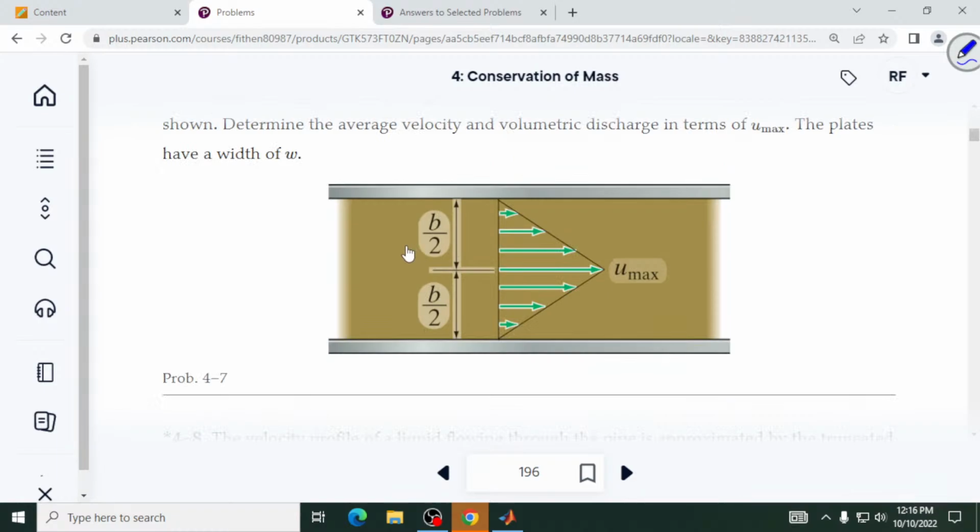So essentially, the area coming out looks like this, where W is here.